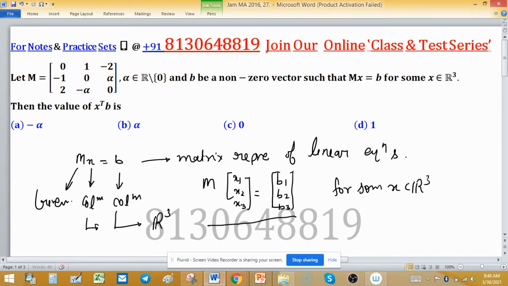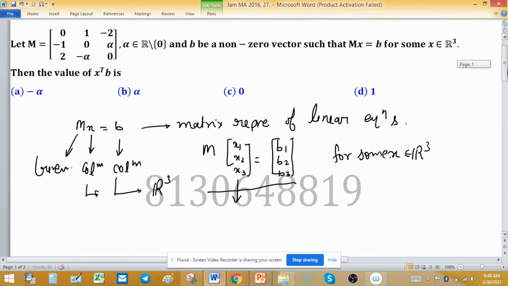Left hand side equal to right hand side is true for some x belongs to R cube, means this is the solution, means some column vector which satisfies this equation exists.